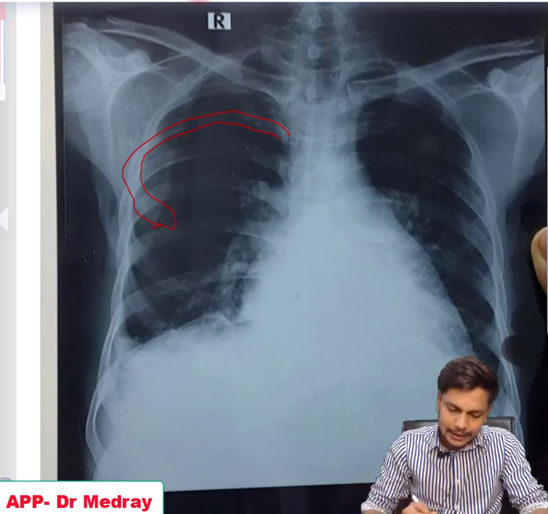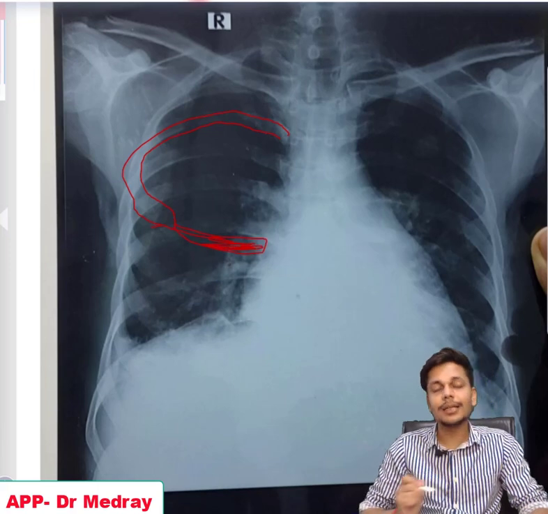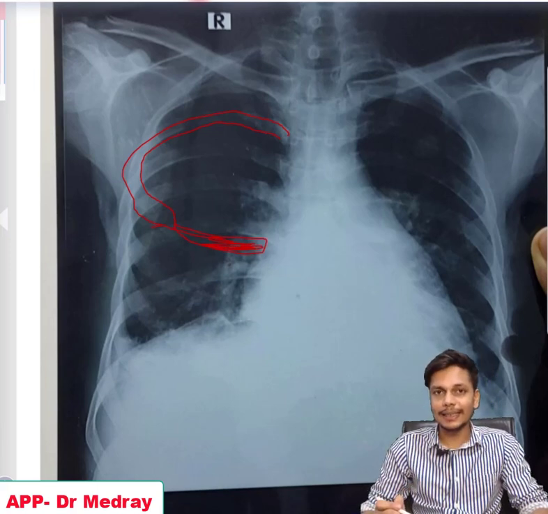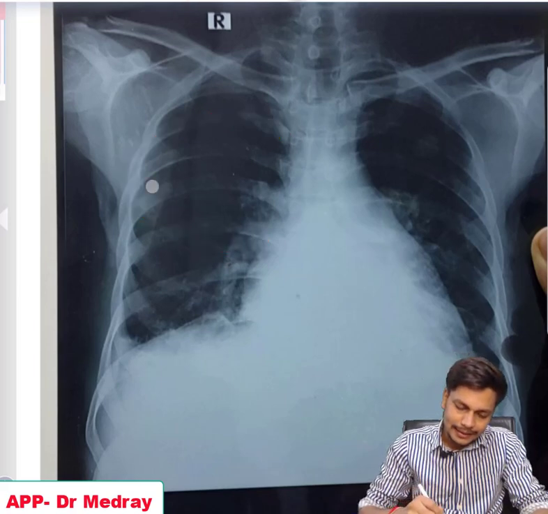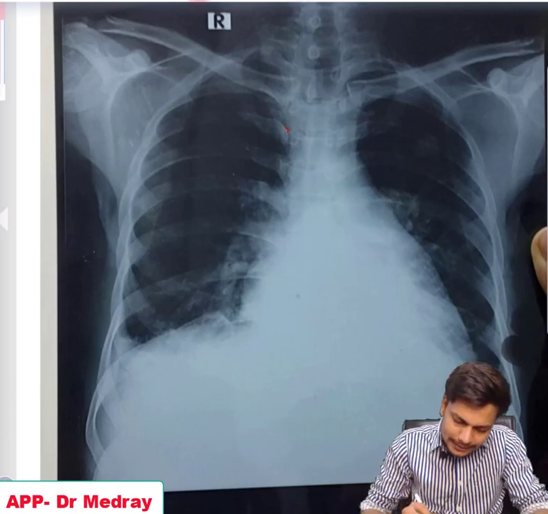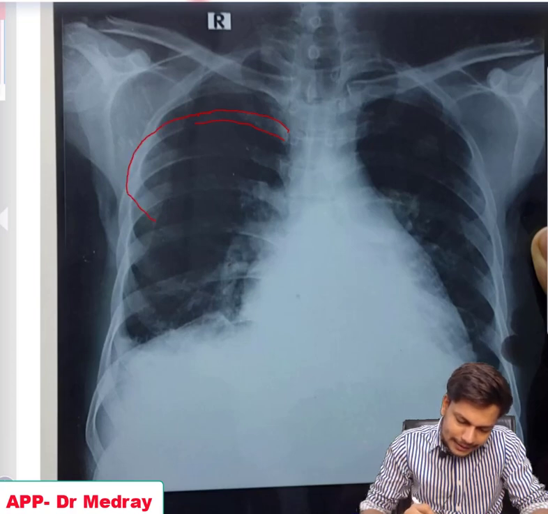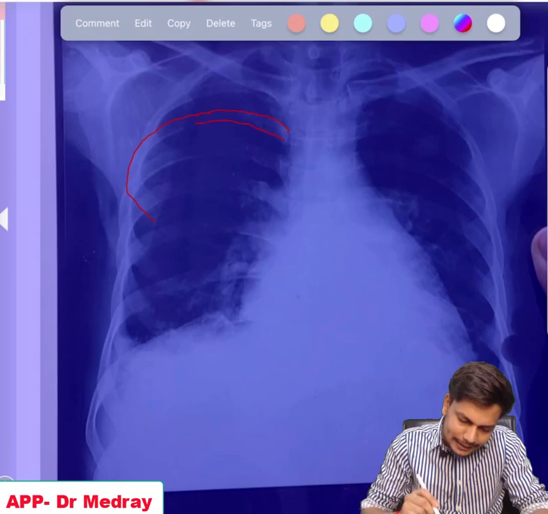It is not continuing because from here the ribs are attached to the sternum via the cartilage, and cartilage is not visible in X-ray. Only the bones are visible in X-ray. That is why the rib which is coming in this direction is the posterior rib, and when the same rib turns and comes anteriorly, it becomes the anterior rib.